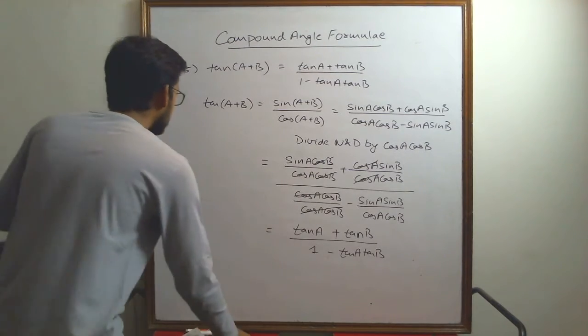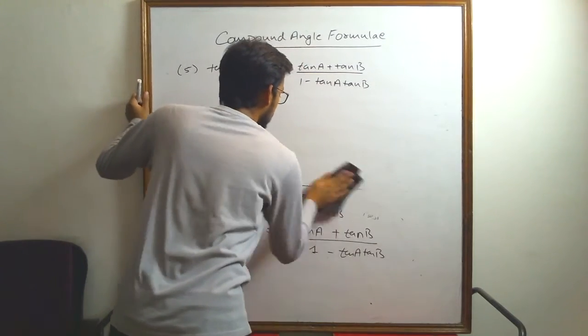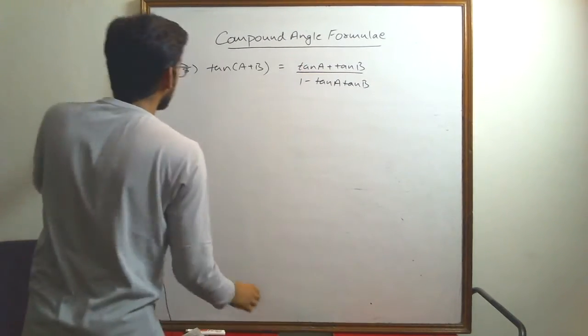For tan A minus B, we will do what we have been doing till now. We will replace B by minus B in the formula.